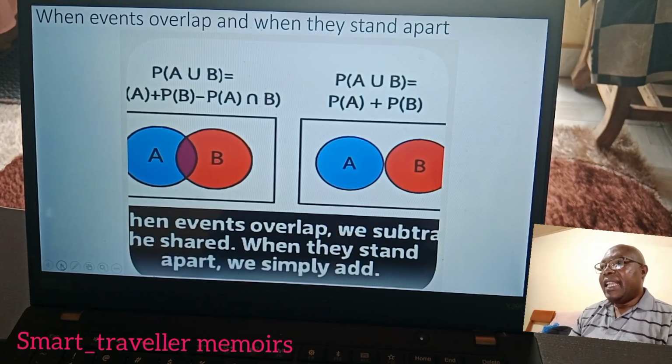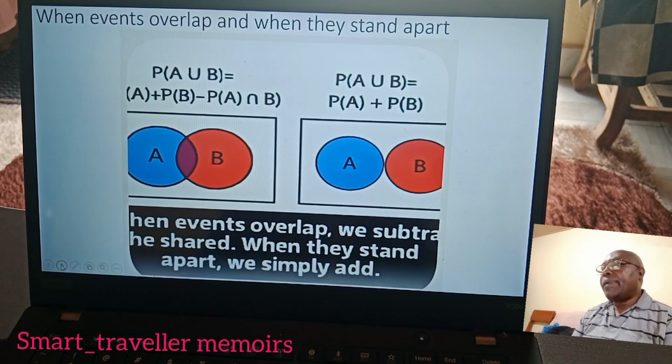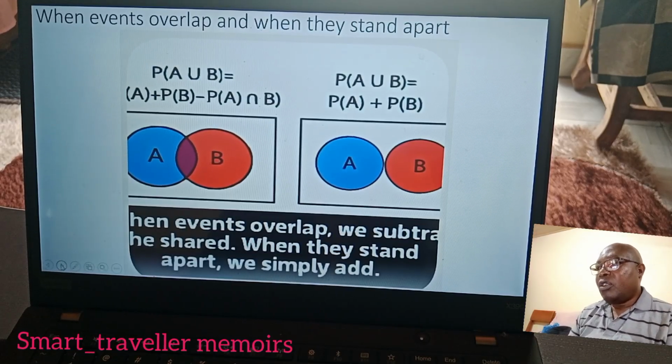The intersection is what is common in both A and B, and that is what is subtracted to get the probability. P, A union B is equal to PA plus PB minus PA intersection B. Then the second one is where they are separate, because there is no overlap. So P, A union B is equal to the probability of A plus the probability of B. You don't subtract here because there is no overlap.